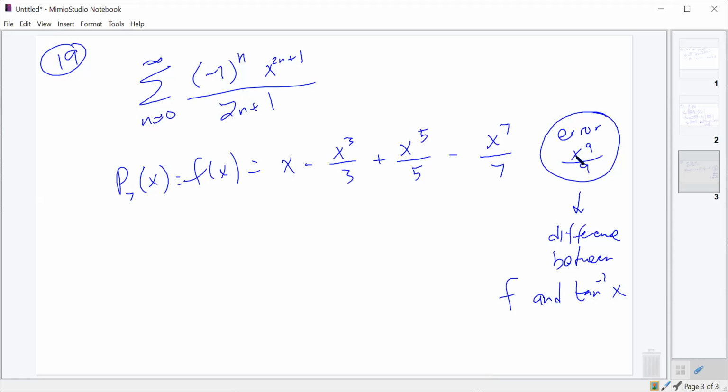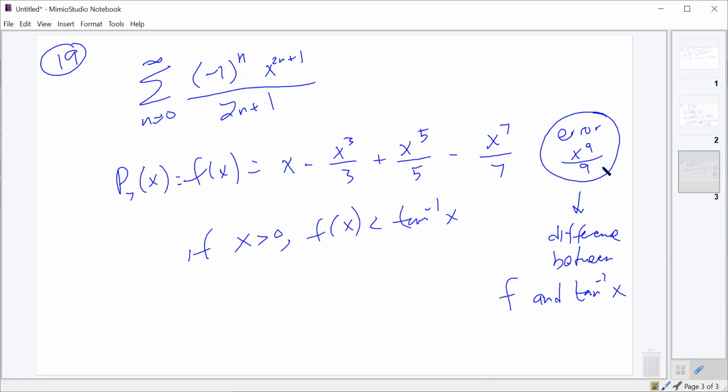And if x is positive, then this term is a positive value, right? So we would say that if x is greater than 0, then that should tell us that f of x needs to be less than the value of inverse tangent of x, right?